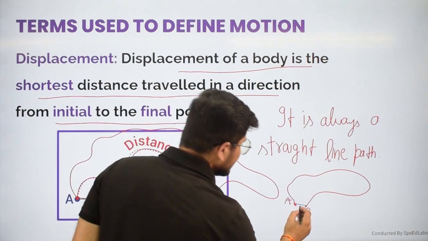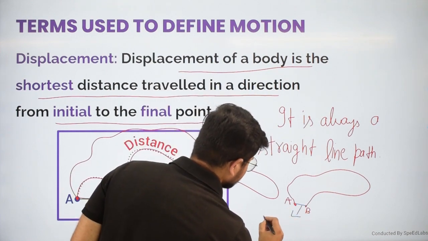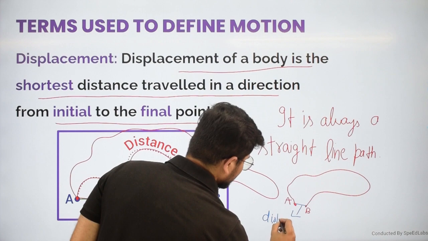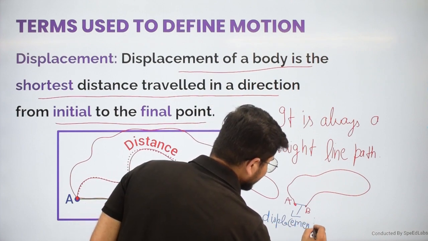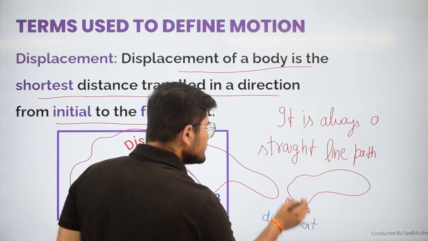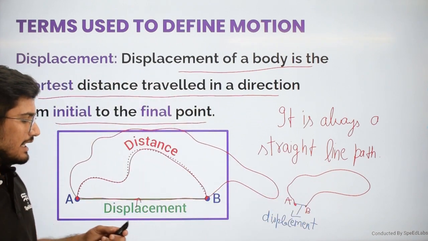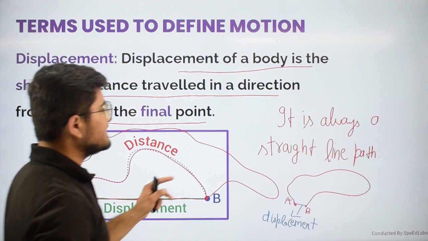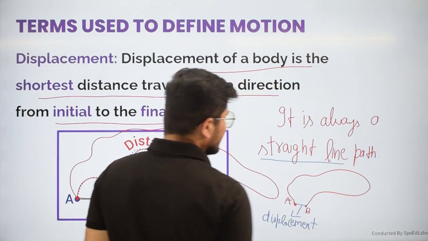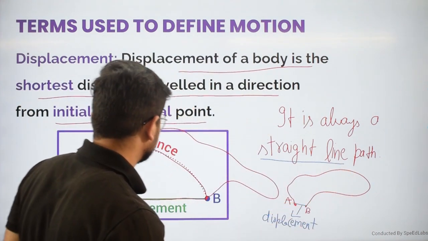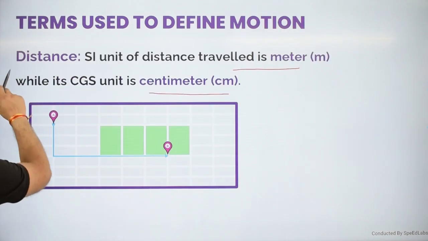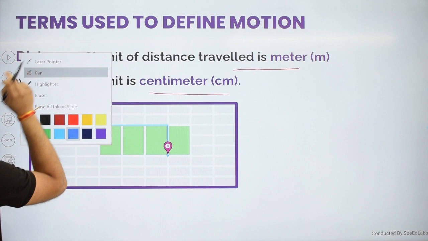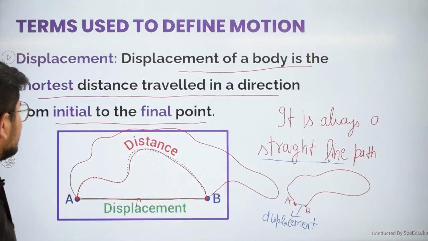This is displacement, the shortest path from initial to final point. I hope now it is clear, and it is always a straight line path. This AB is distance. So I hope now it is clear to all of you what is distance and displacement.